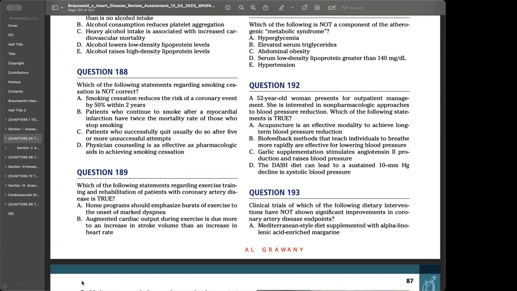There's usually need for pharmacotherapy using drugs like bupropion and varenicline. So for question 188, option D is the first statement, and that's the true answer.